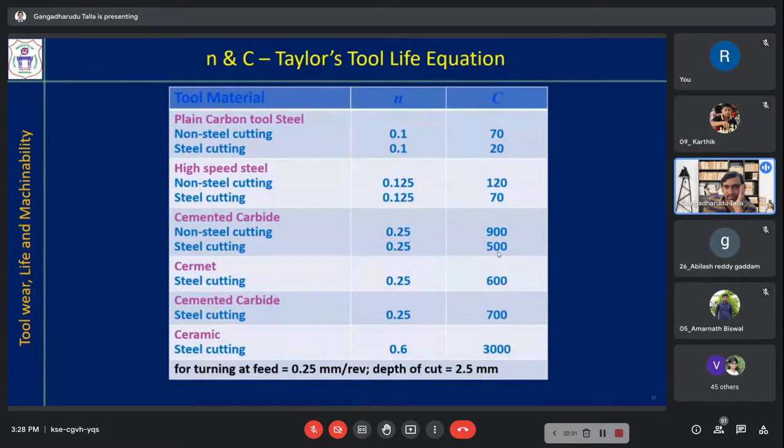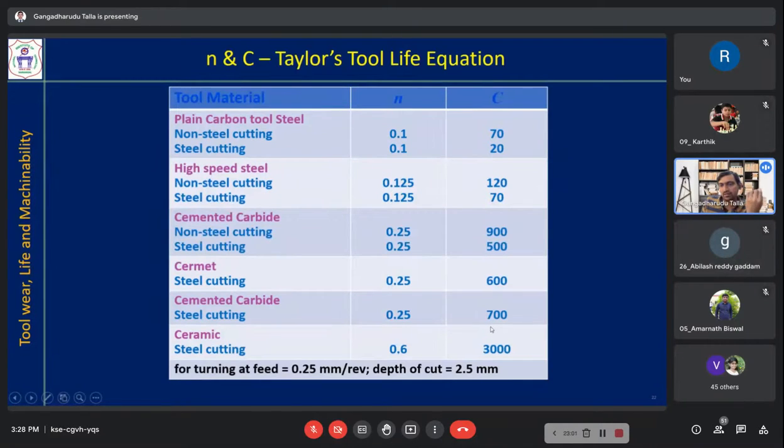And for different other materials, plain carbon steel, N and C values are given. If you see at the bottom of the table, they are also dependent on feed and depth of cut. If feed rate is 0.25 and depth of cut is 2.5, under that condition these are the N and C values for various tool materials.